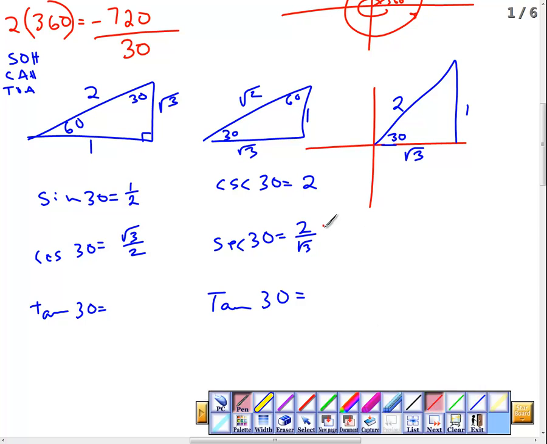So that makes it what? 2 square root of 3 over 3. Good. 2 square root of 3 over 3. Okay, and then tangent. How about that? Travis? Square root of 3 over 3. Good. Square root of 3 over 3. And cotangent? Square root of 3. Square root of 3. Good.